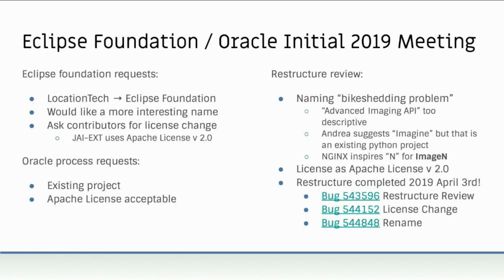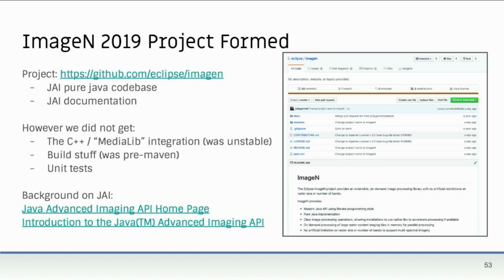So in the initial 2019 meeting, they donated us the code base, they donated us the user manual, but they didn't donate us the test cases. So we had a code base and we had no idea if it was safe to use. We've had the code base since 2019, and we haven't really had enough budget or effort to bring it home.